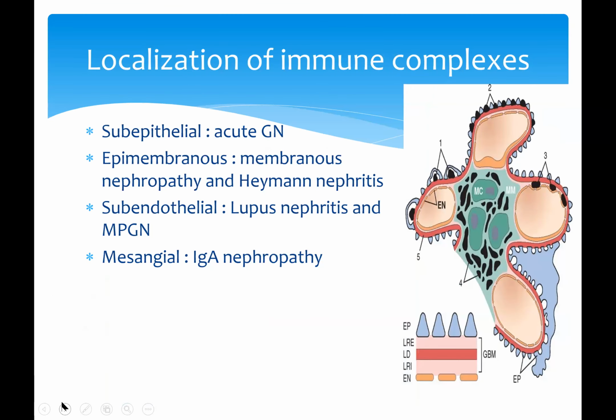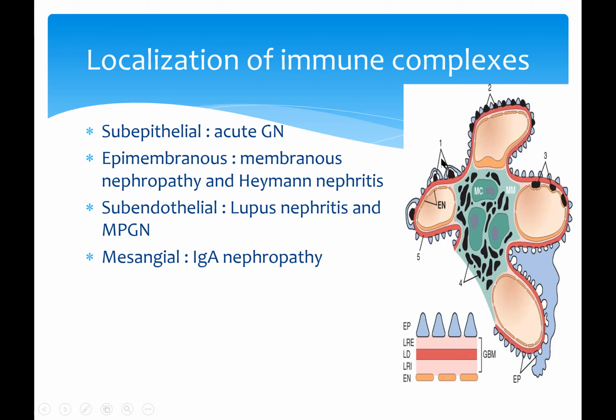So, let us try to take a look at this. When you study glomerular diseases, as I have said, first you do light microscopy. Second, you do fluorescence microscopy. You're expecting 2 patterns, either granular or linear. And then you do EM, or electron microscopy, which would give you the different locations.